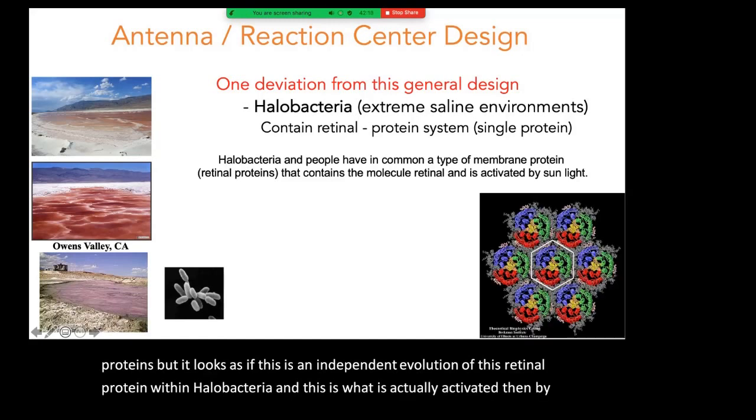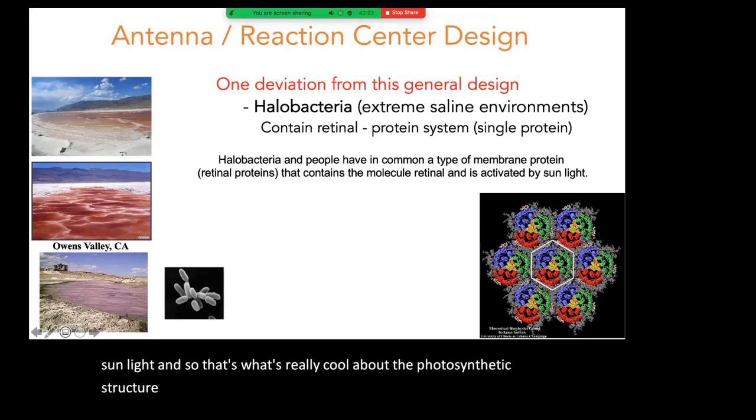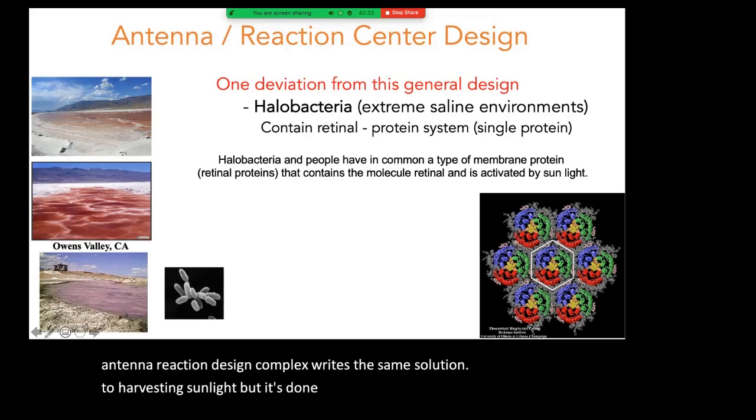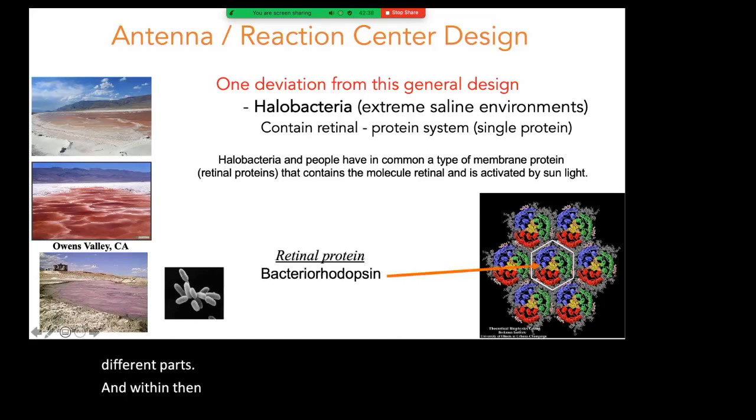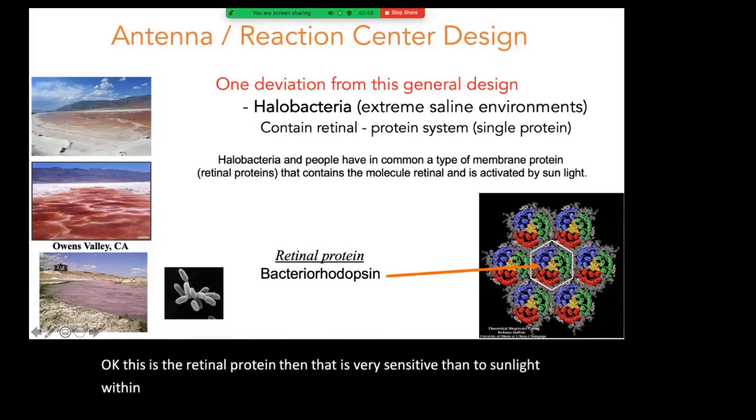That's what's really cool about the photosynthetic structure: we have the independent evolution of this same antenna reaction design complex, right? It's the same solution to harvesting sunlight, but it's done totally differently. It's built with different parts. Within the center, we also see bacterial rhodopsin. This is the retinal protein that is very sensitive to sunlight within halobacteria. So that's cool.